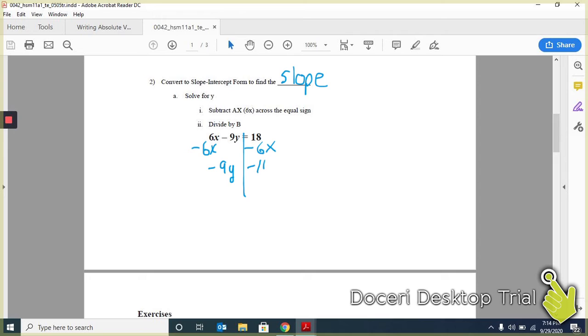-6x. Sorry, let me delete that. Plus 18. So don't actually subtract it from 18. It's a common mistake that happens.